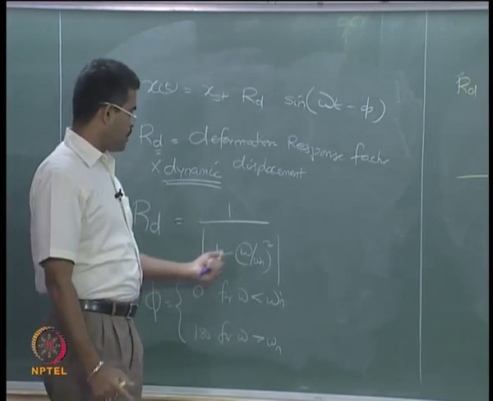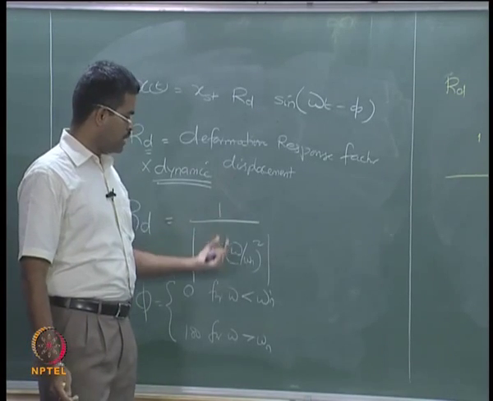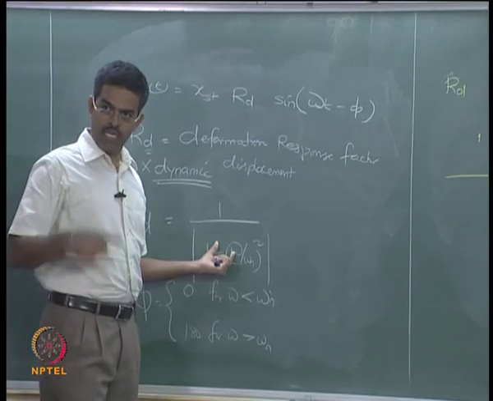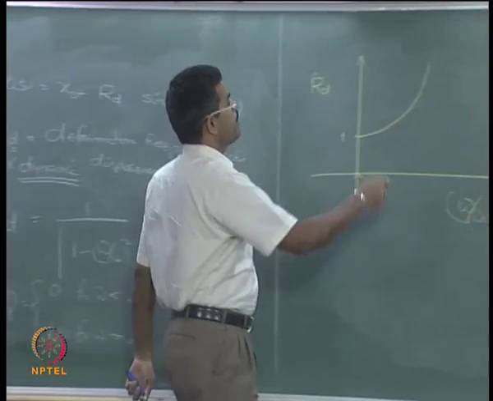For further increase in omega beyond omega n, the denominator will keep on increasing because there is a modulus sign, and Rd will keep on decreasing.